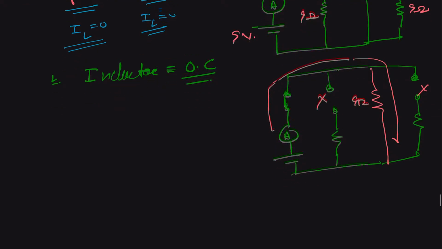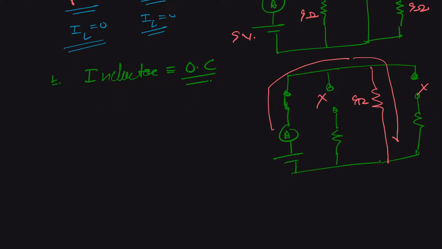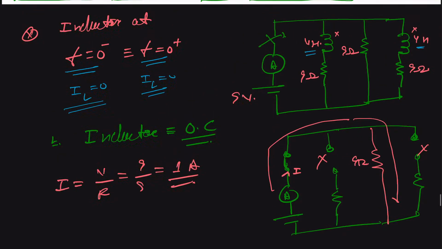Therefore we can write that the current I, suppose it is flowing as I, that is the reading of the ammeter. We can say that current is equal to, by Ohm's law, V upon R. So this can be 9 upon 9, giving us 1 ampere. So we have to remember this property of our inductor. Our capacitor also has, but in the opposite way.